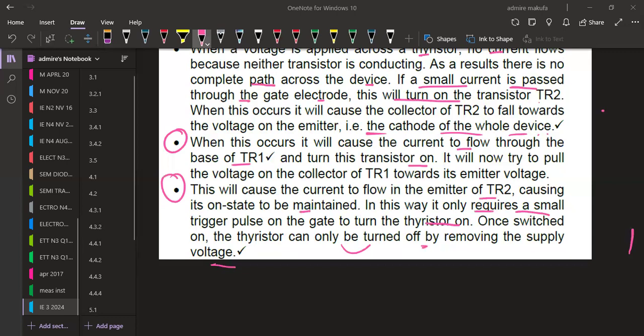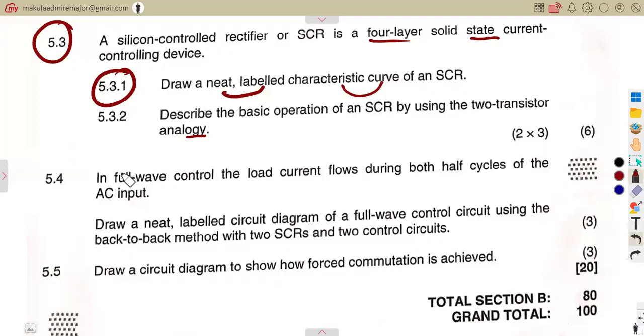So just make sure you go through your theory. That is 5.4. In a full wave control, with this information, draw a labeled circuit diagram of a full wave control circuit using the back-to-back method with the two silicon controlled rectifiers and the two control circuits.